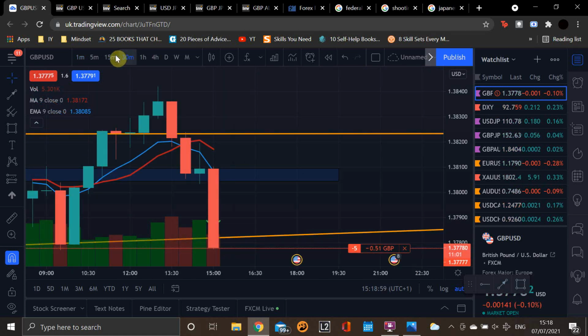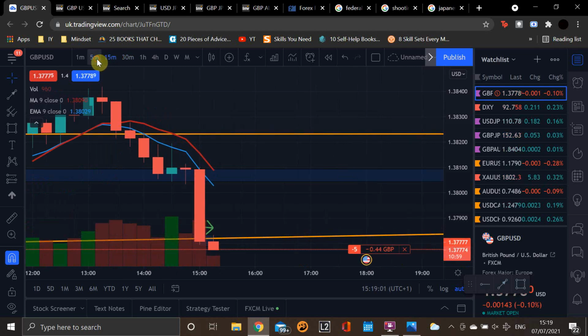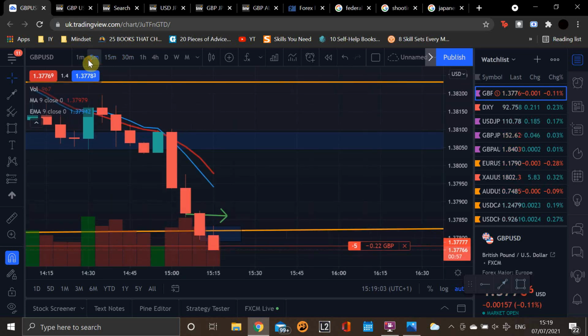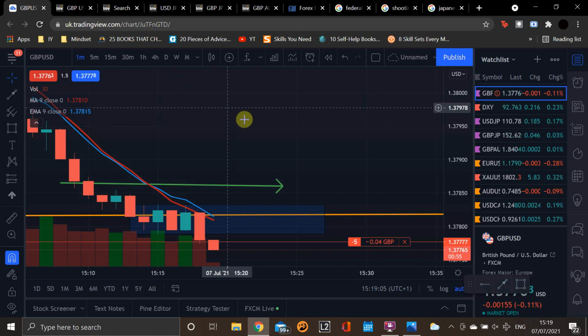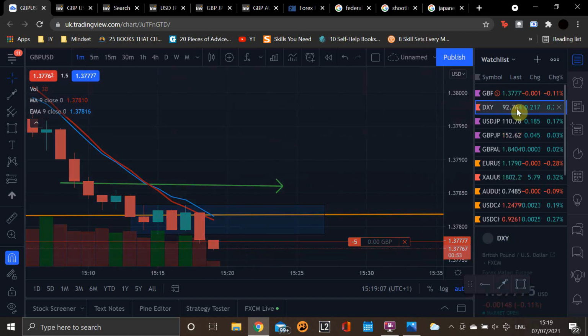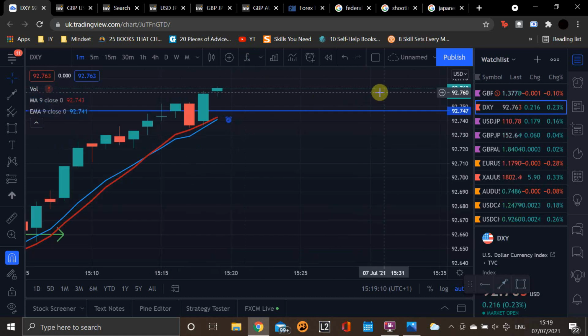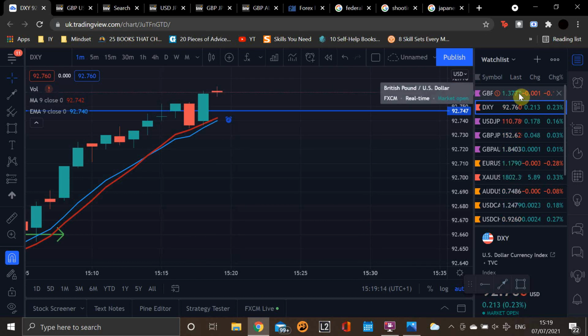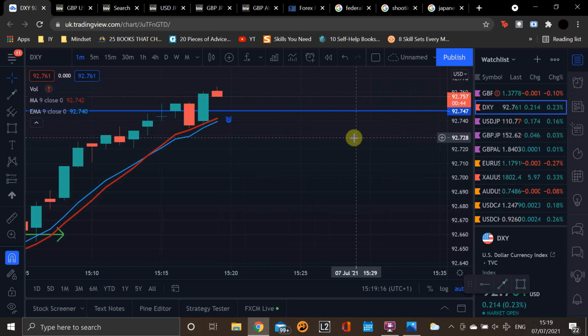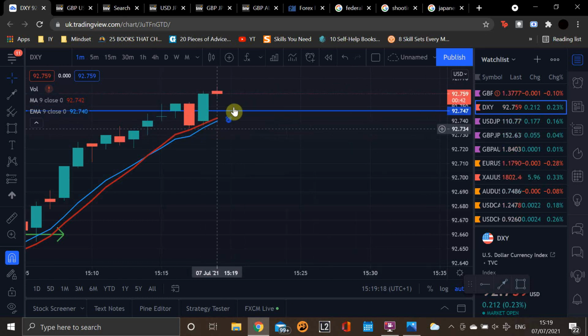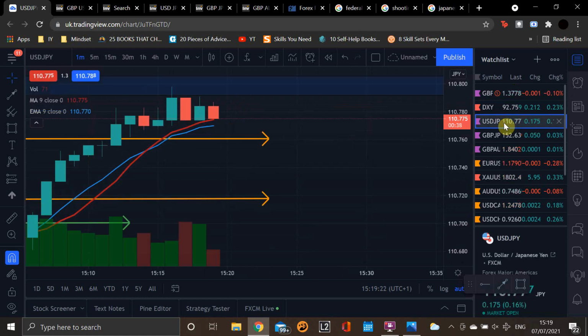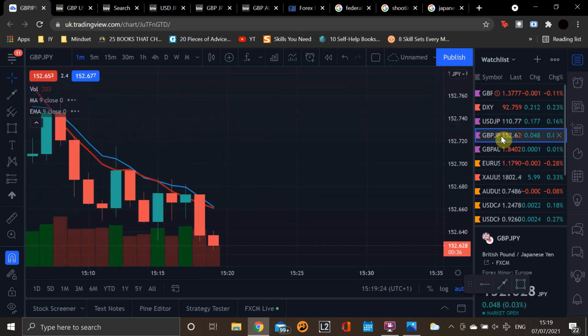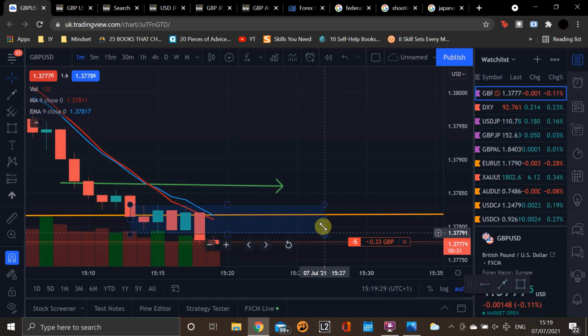DXY, it's breaking out. I can hold this for a few minutes, most definitely. But then the red line's still over the blue line. It's not convinced. Look at USD. Japanese yen is strong, stronger against GBP, so yeah, I'll hold this.